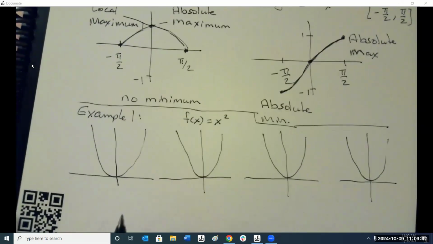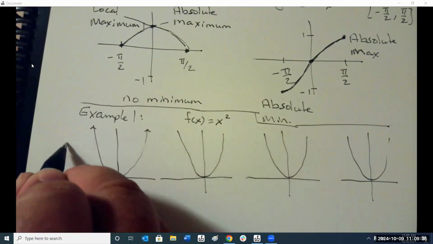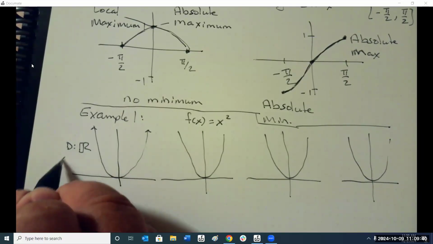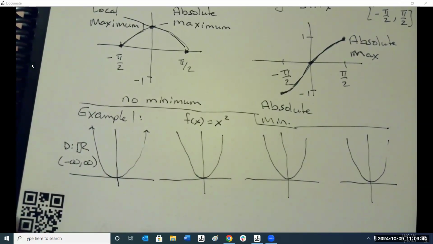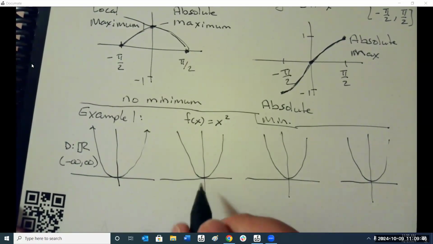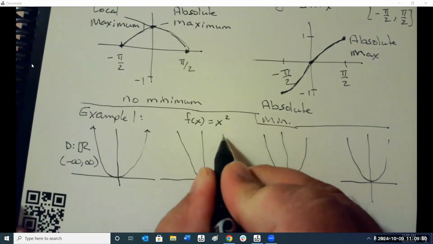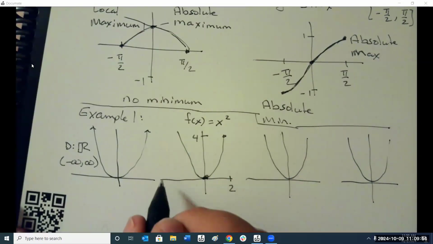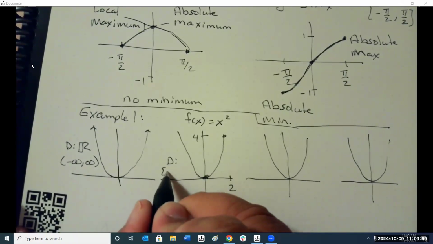So this first one, the domain is all real numbers, from negative infinity to positive infinity. This one, the domain is from 0 to 2.